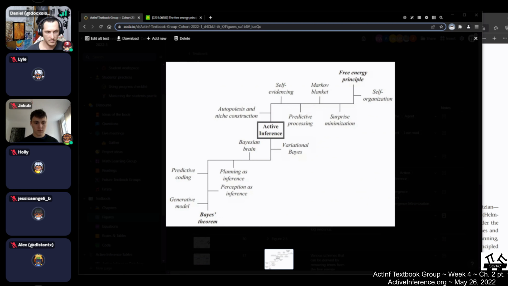Yeah, the low road is the Bayesian brain approach, right here. It's the proximate next big concept. You can see right in the picture, it's based on Bayesian.